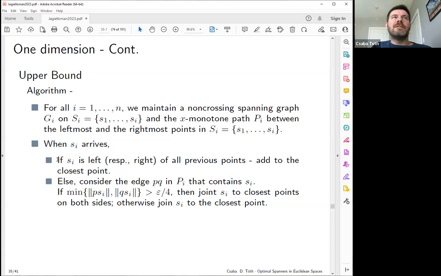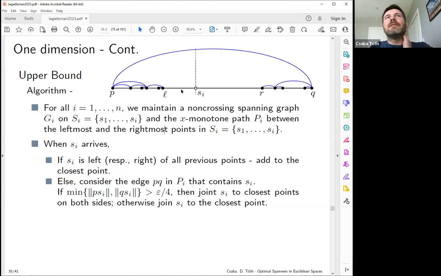The easy case is if the new point is left of all the previous points or right of all the previous points, then we just connect it to the closest point and update this x-monotone path to include that as well. The interesting case is displayed in this figure, where the new point is somewhere in the middle.